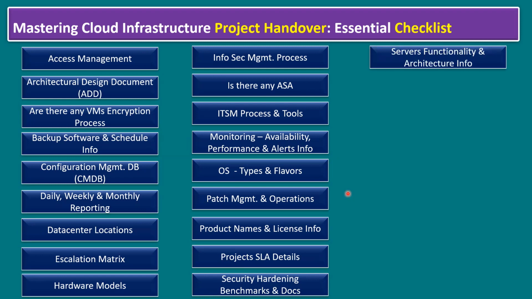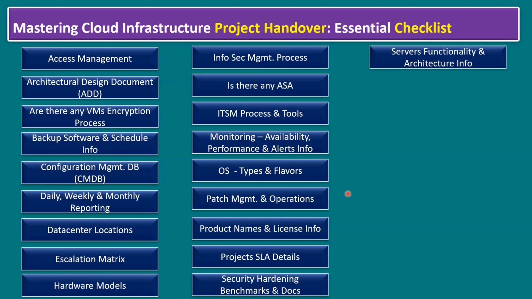Another key item is server functionality and architecture information. We should have all our individual servers' functionality and specifics. Let's say if you have a database server, what is the DB architecture? If you have multiple web servers, what is the architecture for those web servers? If you have any specific application servers, we should have the application server architecture details.